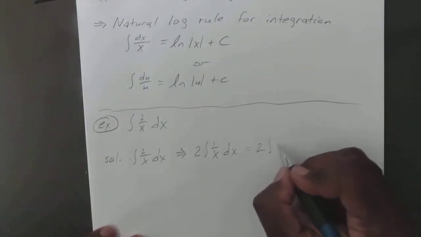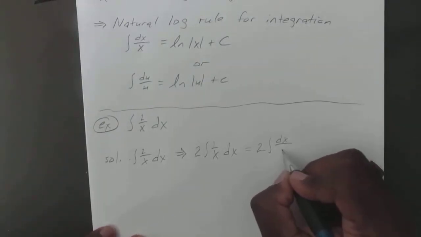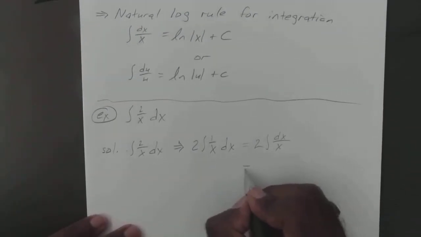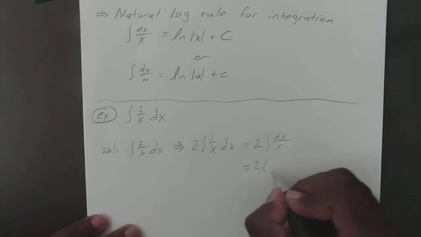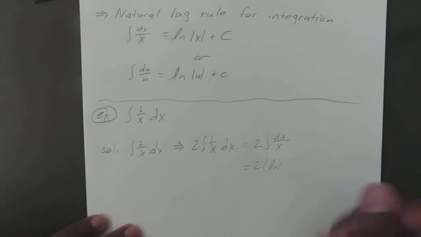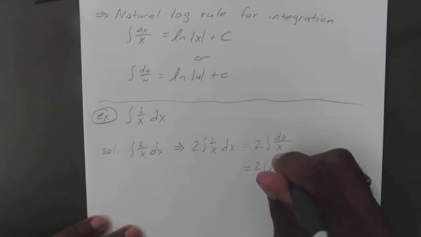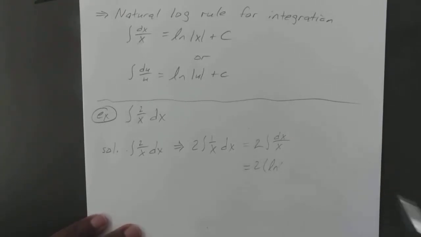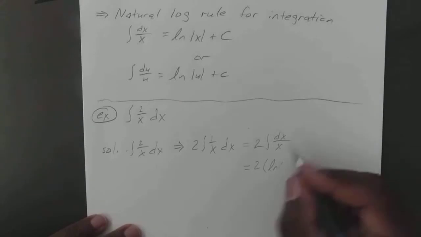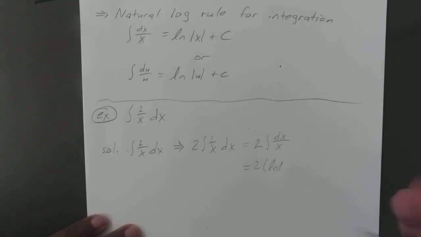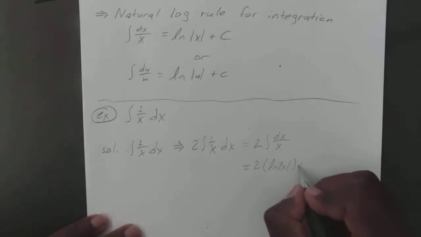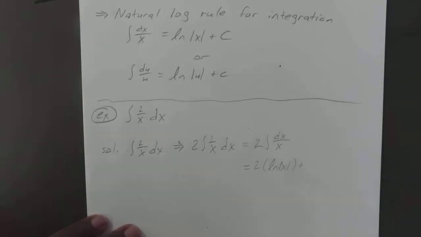Really just 2 times the integral of dx over x, which will give you 2 times the natural log of absolute value of x plus c.